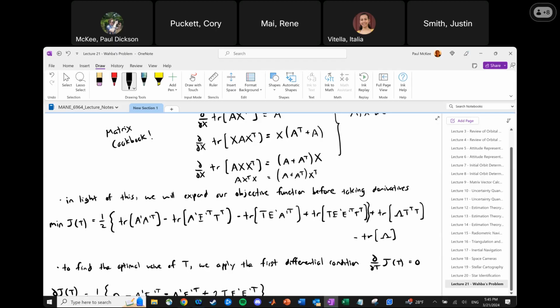That's the idea. And so what we end up with is, do I have that wrong? Hang on. So it's going to be lambda plus lambda transpose.